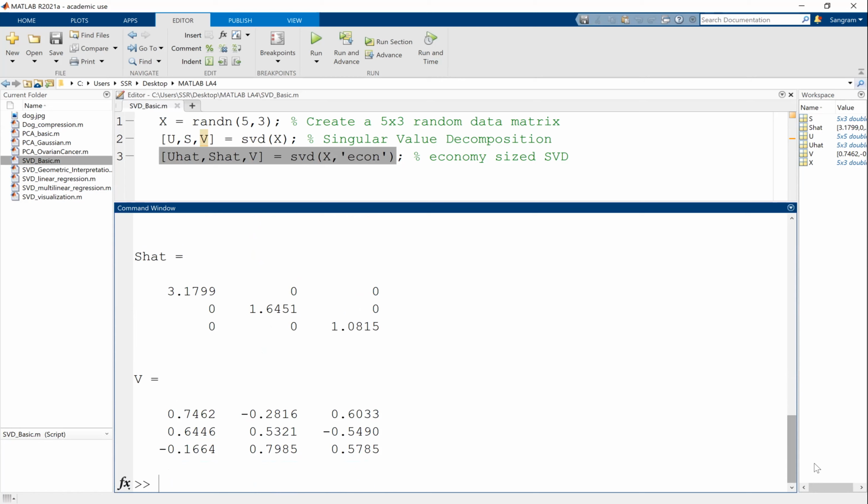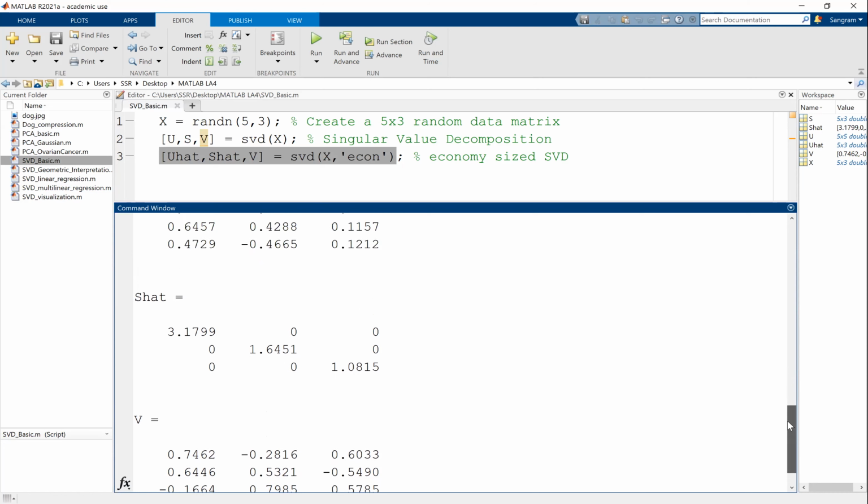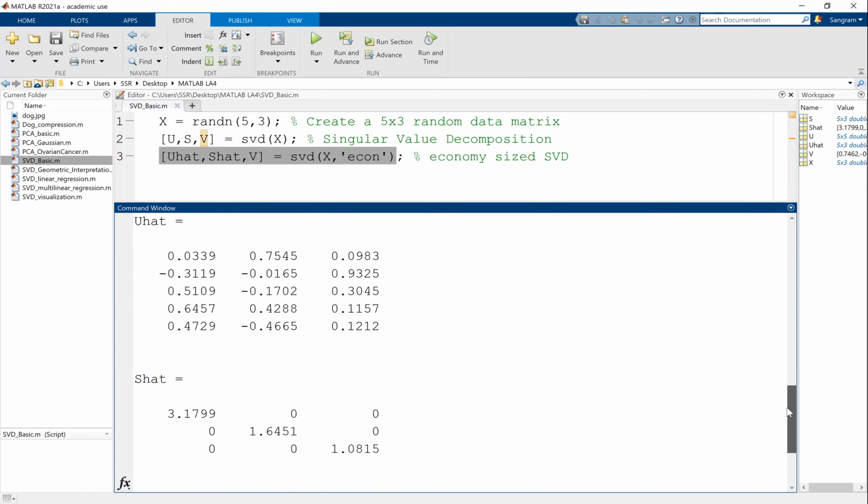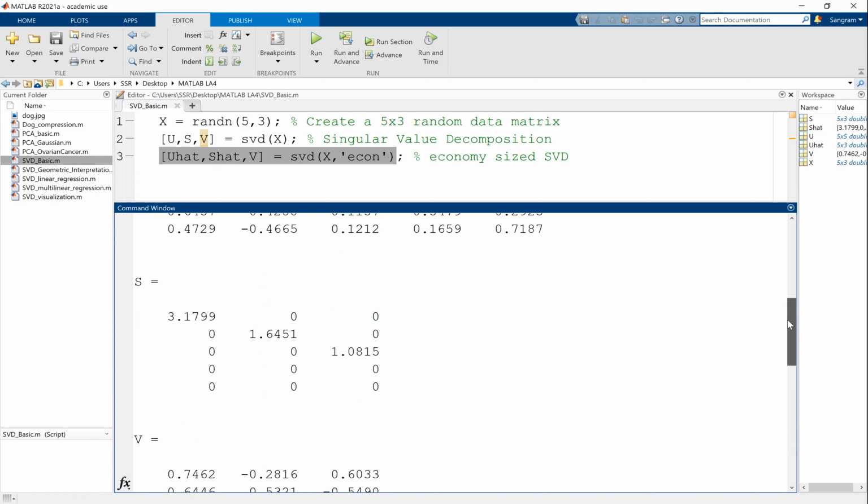Okay, I want you to first run U hat, S hat, V hat. And then I want you to compare S hat with S. Here is your S. Can you see the last 2 rows are zeros?